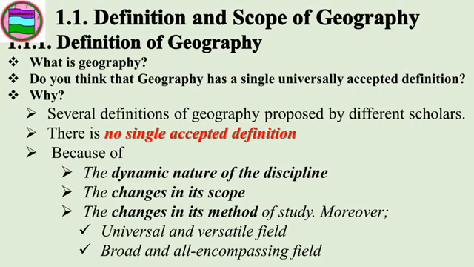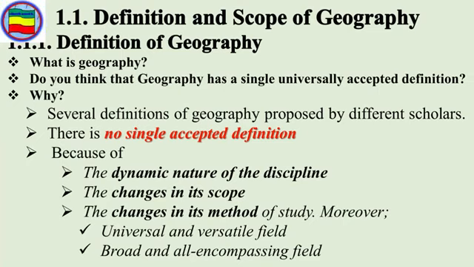It covers the physical environment, like landforms, climate, and ecosystems. It also includes human-environment interaction, spatial analysis techniques like mapping, remote sensing, and GIS, and social and cultural aspects. So based on this, geography is a broad and all-encompassing field.